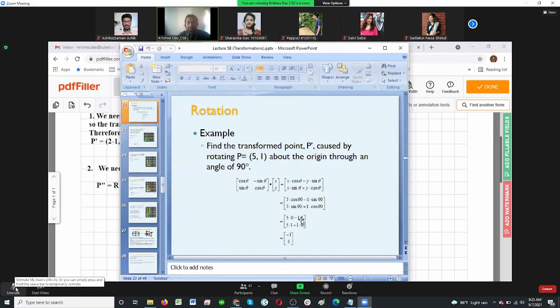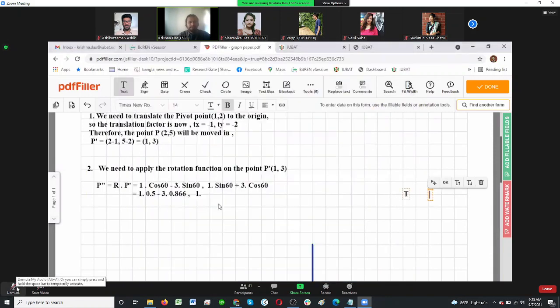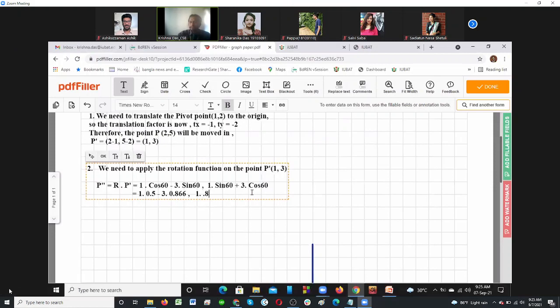Yes, that is the two-dimensional case as we are doing. So for y it is 0.866, and plus 3 into 0.5. Let us expand that. 1 into 0.5 is 0.5, right?